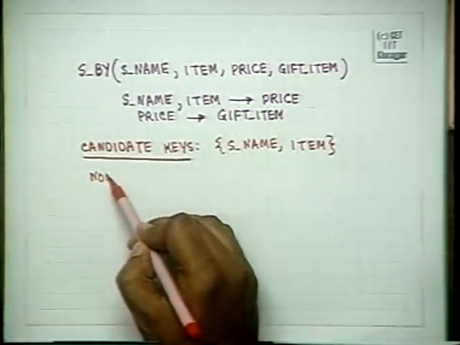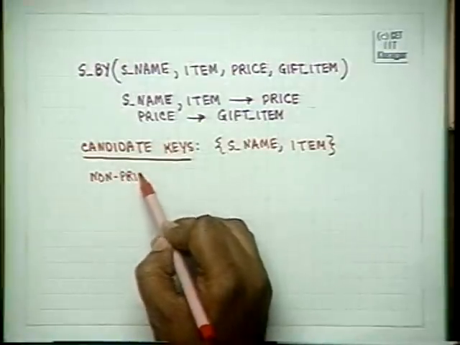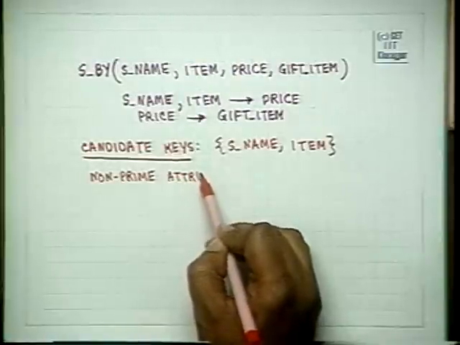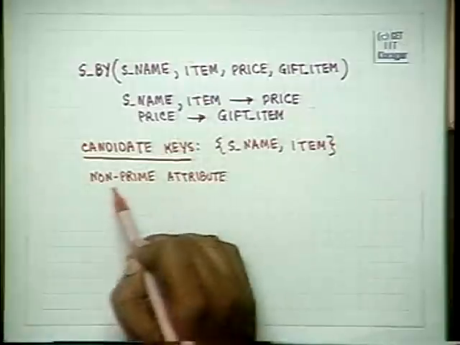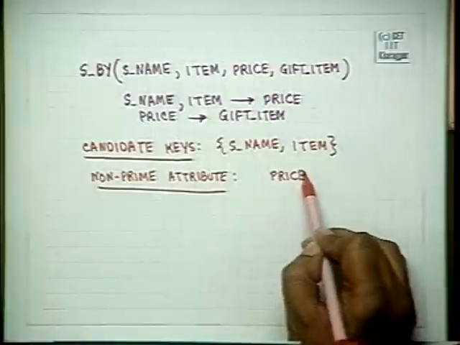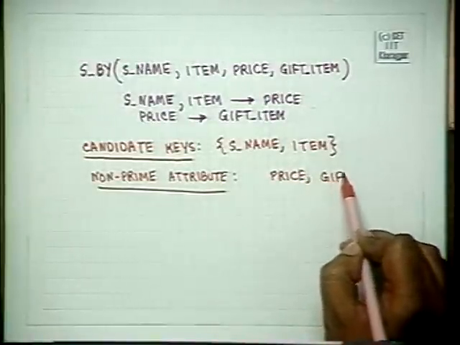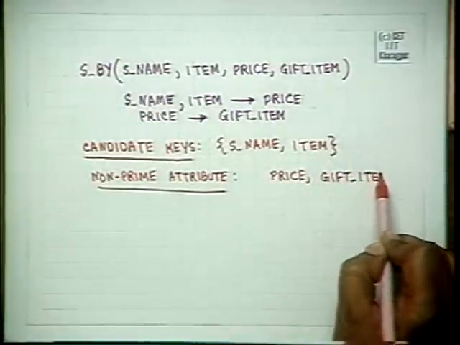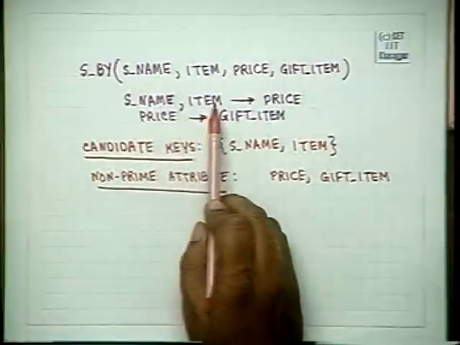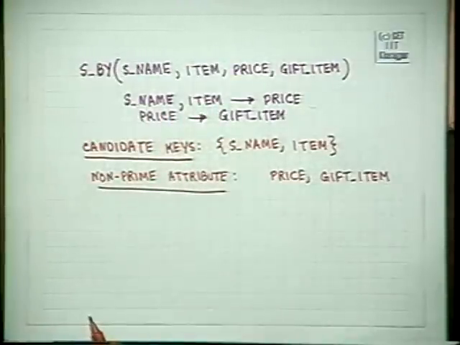Therefore, the non-prime attributes are price and gift item, of which price is fully functionally dependent on supplier name and item.